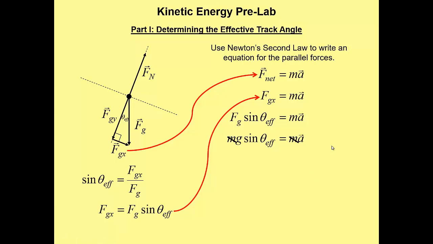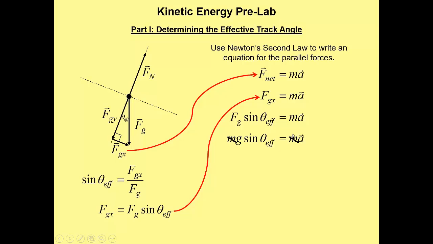That means technically the acceleration of the cart doesn't depend on mass. A more massive cart will accelerate just as fast as a less massive cart. This is kind of equivalent to Galileo's law of falling bodies here. Why? Well, really we have two kinds of masses. More mass means more force of gravity, so a bigger F_gx, trying to make it accelerate down the incline, accelerate faster.